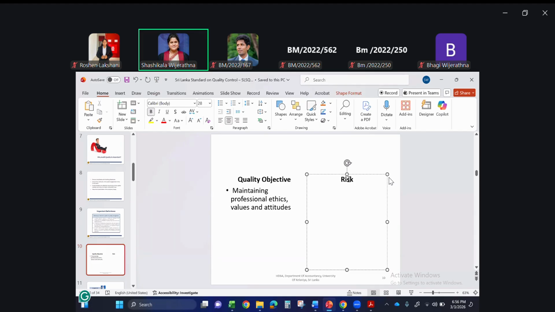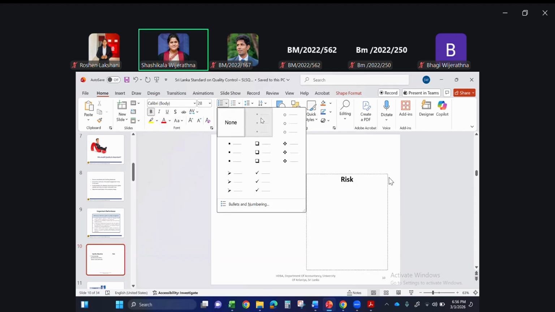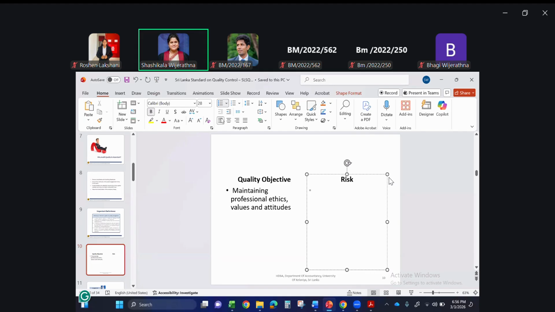For example, one of the risks may be that the firm's leadership does not prioritize maintaining professional ethics, values, and attitudes.